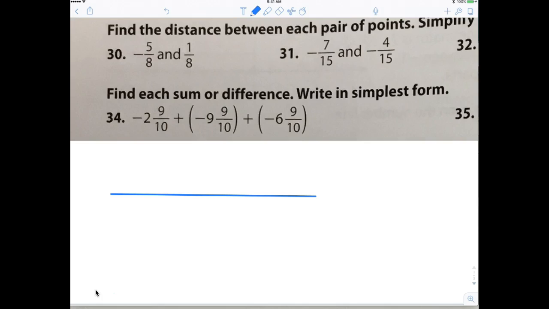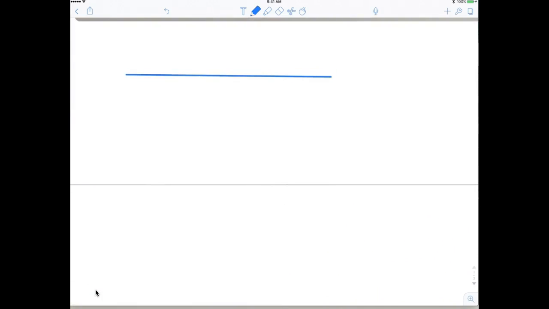So put your brains up on the board, eyes up on the board. I don't want you writing this. I don't want you trying to figure it out, even though most of you might know how to do it. But I'm going to show you how you find the distance between 2 points. First of all, this point right here, I'm going to call -5/8.